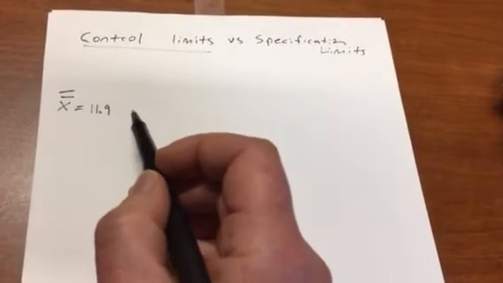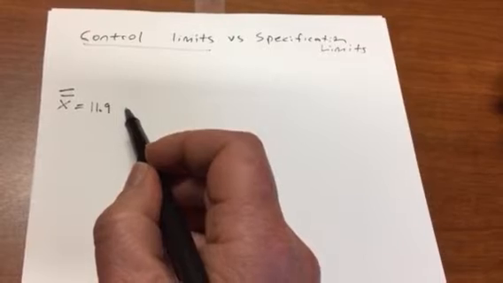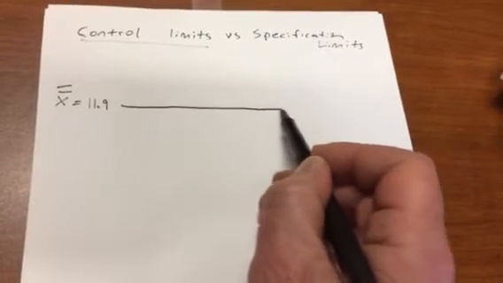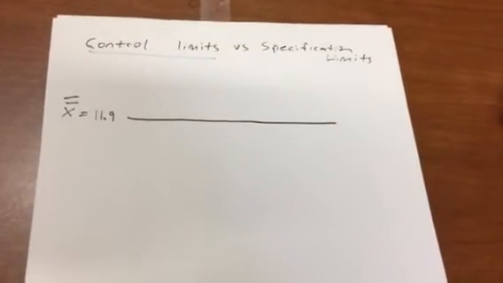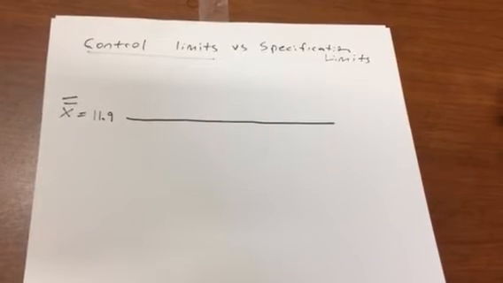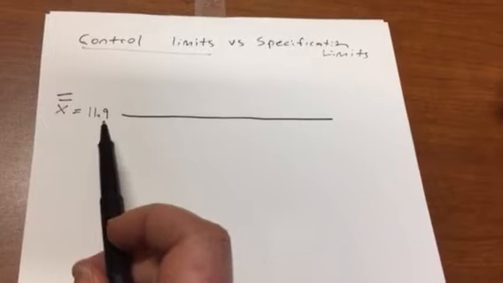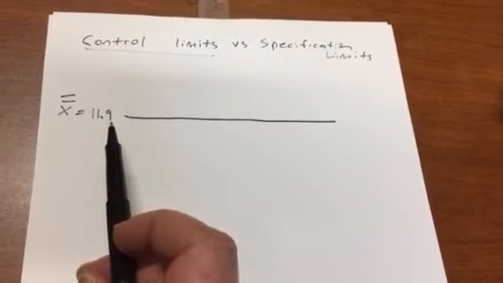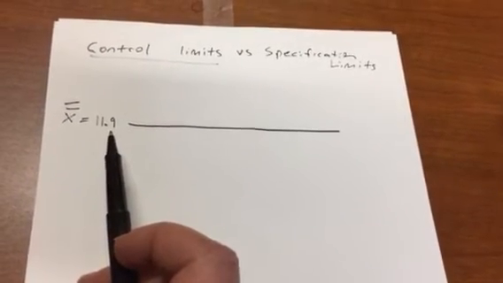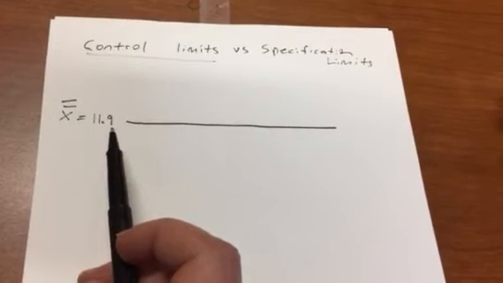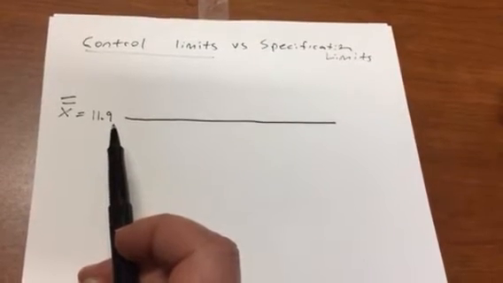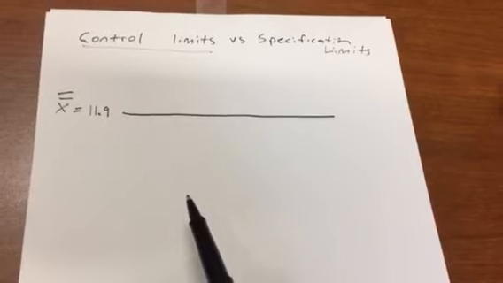If we're making a statistical process control chart, that would be our center line. We'd also want to assess the amount of variation around that average, because every sample is not going to be 11.9. Some are going to be a little bit more, some a little bit less. We can estimate the standard deviation of those samples using a couple of different techniques.